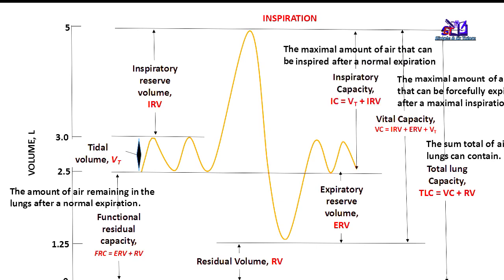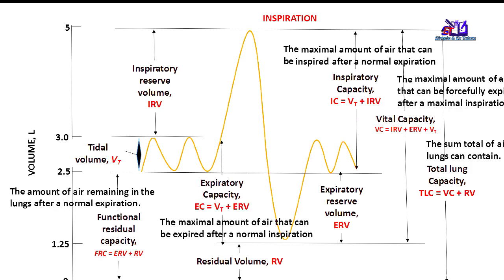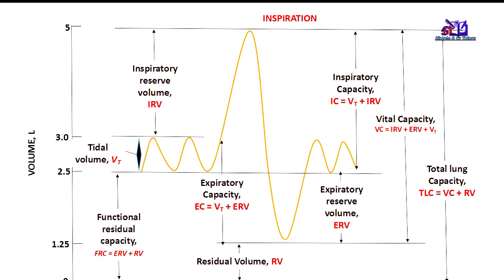Functional residual capacity is the amount of air remaining in the lungs after a normal expiration. The inspiratory capacity is the maximal amount of air that can be inspired after a normal expiration. And the expiratory capacity is the maximal amount of air that can be expired after a normal inspiration. These are our lung volumes and capacities.